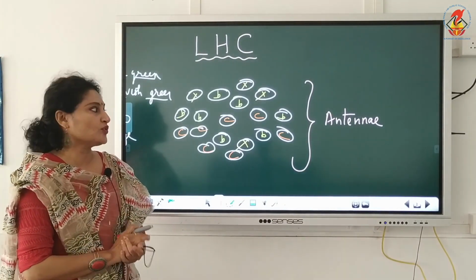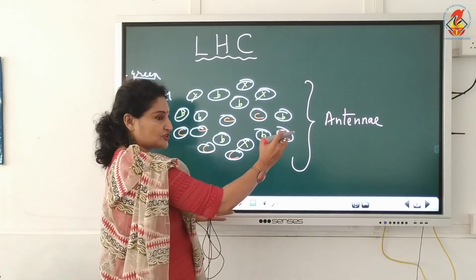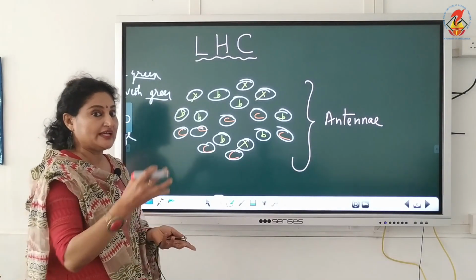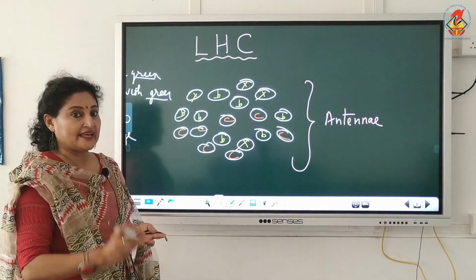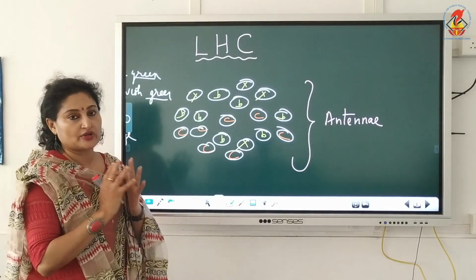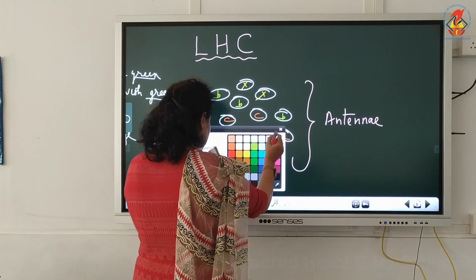No. Excluding chlorophyll A, they constitute the antenna. So you understood what is antenna. Now there is a role for antenna. I will explain the role of antenna only after placing the chlorophyll A, and there is only one single chlorophyll A, and that single chlorophyll A is located at the center. And you know the color of chlorophyll A, it is bluish green.